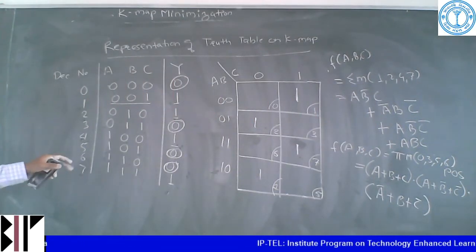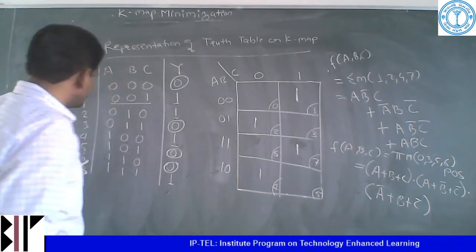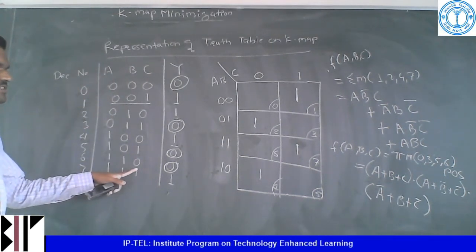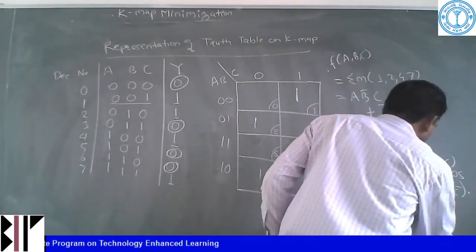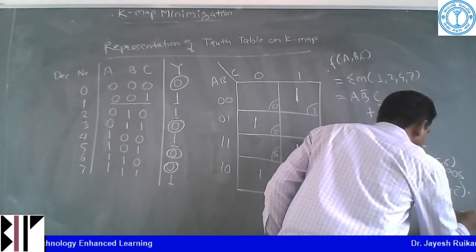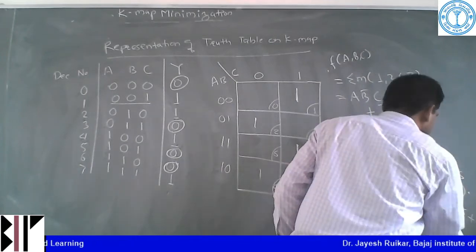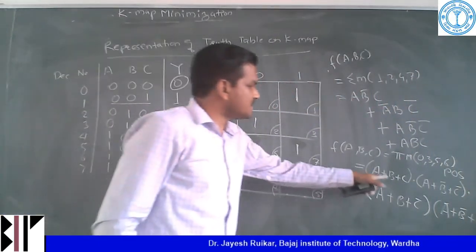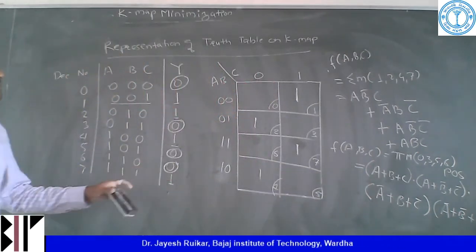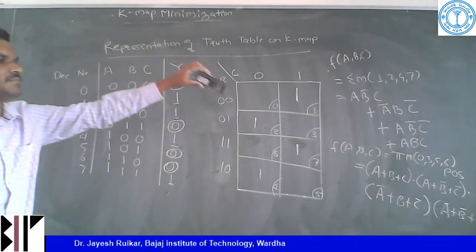Then the next term is your 6, that is 1 1 0, which can be written as a bar plus b bar plus c. Got this? So I have written this in terms of variable forms, that is SOP form and POS form.